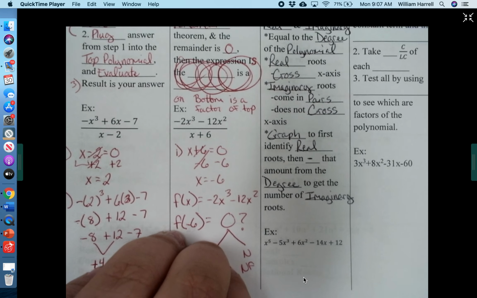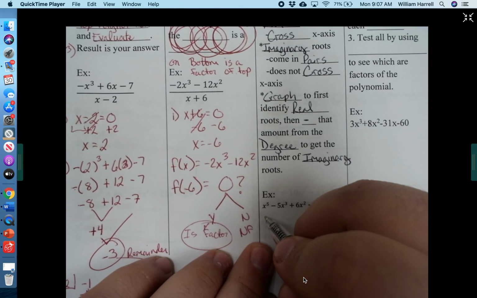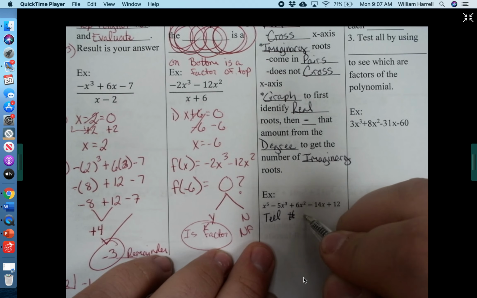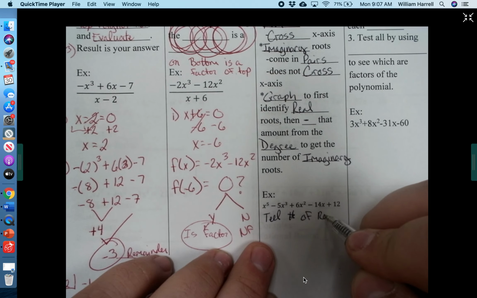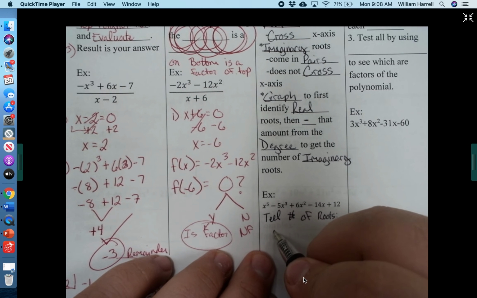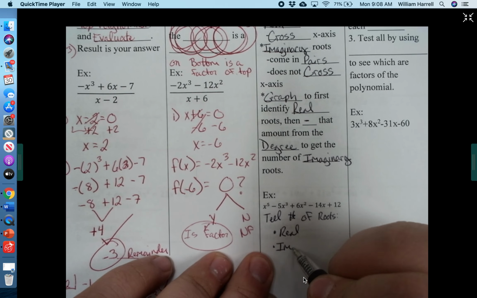So, for example, I have this polynomial down here, and I need to tell the number of roots or zeros. So how many real and how many imaginary?